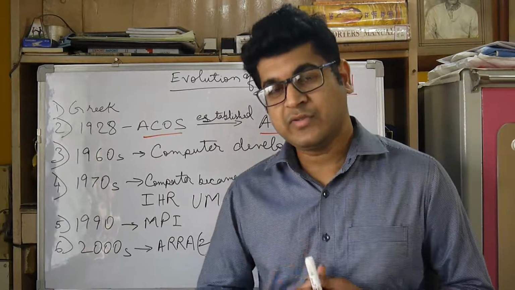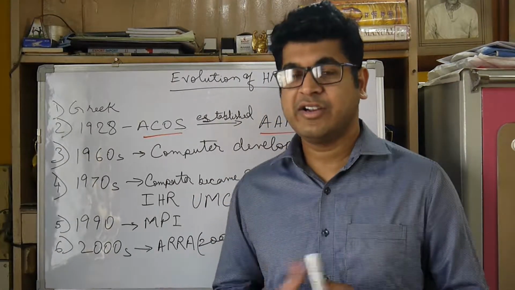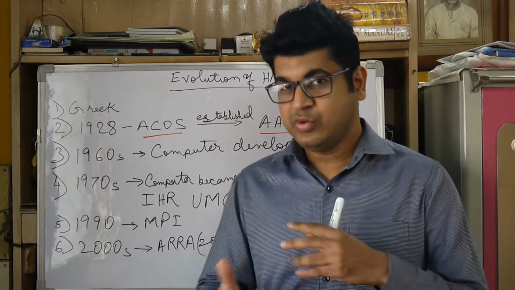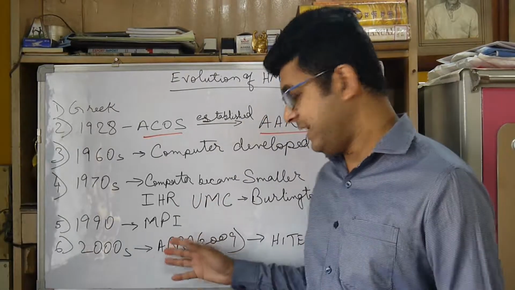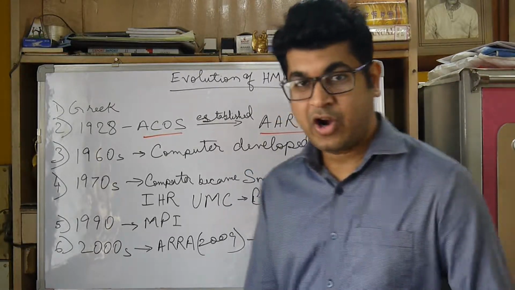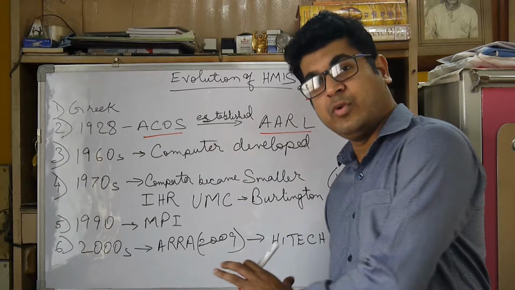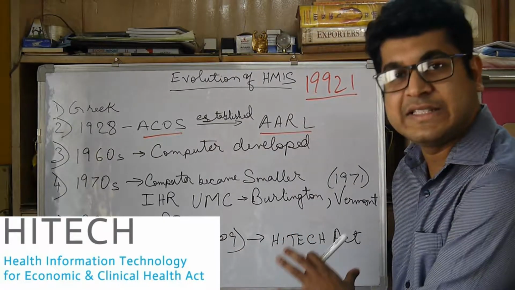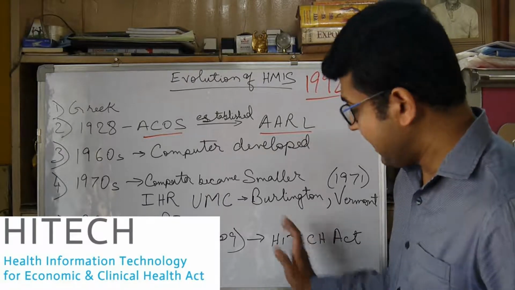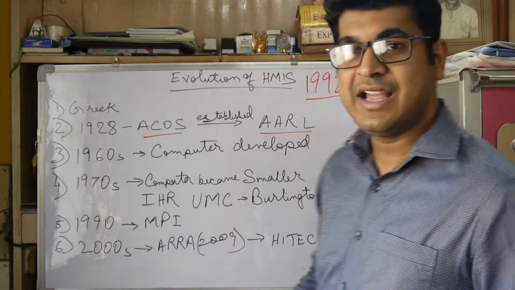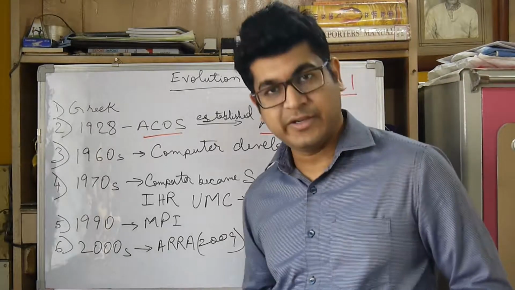There were some rules put over the organizations using Hospital Management Information System, some do's and don'ts which are written in ARRA, that is the American Recovery and Reinvestment Act. Also, there was a certain set of rules called the HITECH Act, which we'll discuss later on. This act was put into ARRA and then finally in 2009 ARRA was started.